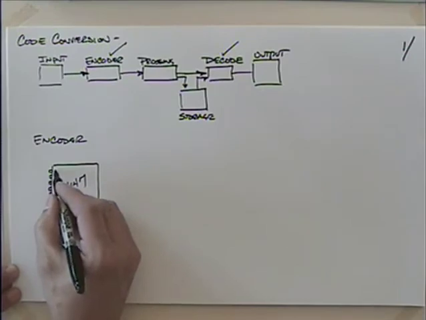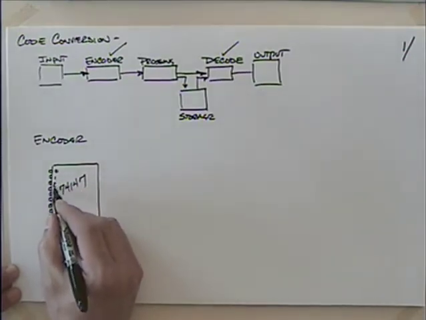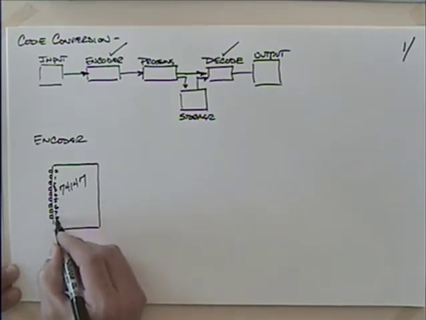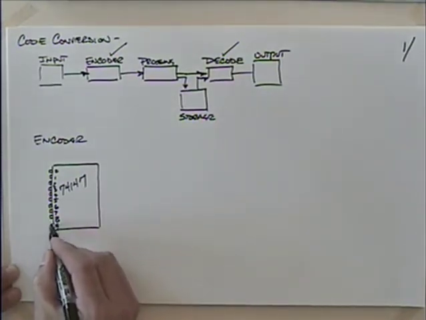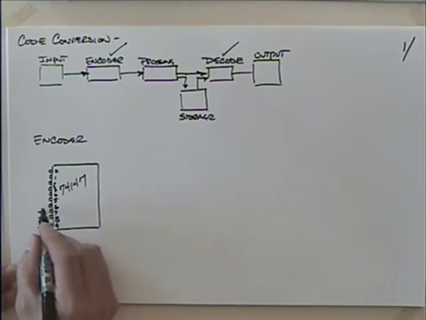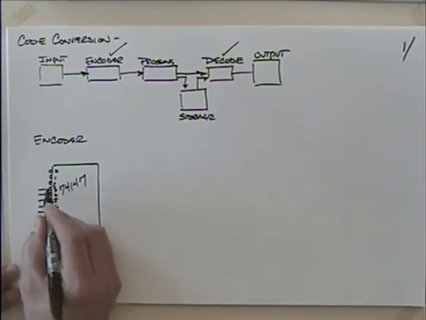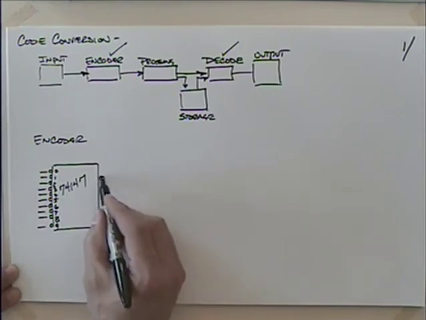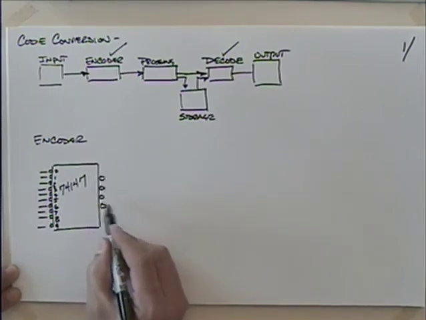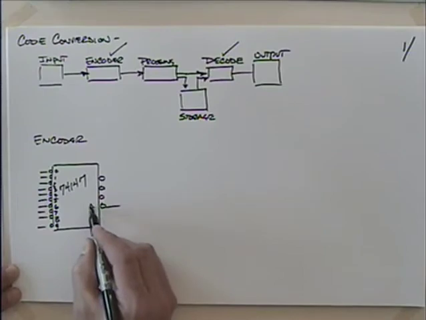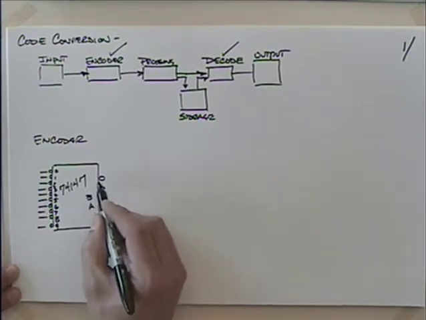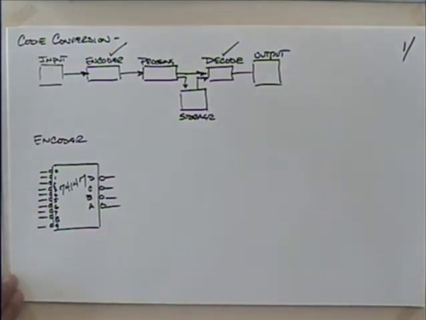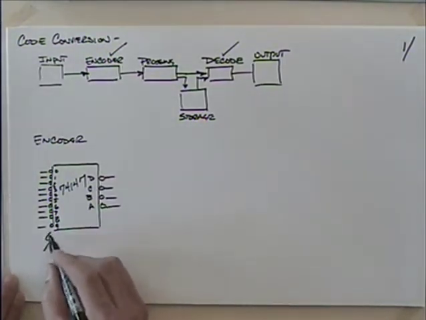See how close I got. 0, 1, 2, 3. So those would be your inputs, and then your outputs would be your binaries, the A's, B's, C's, or D's. And the bubbles simply indicate that it's activated with a low.